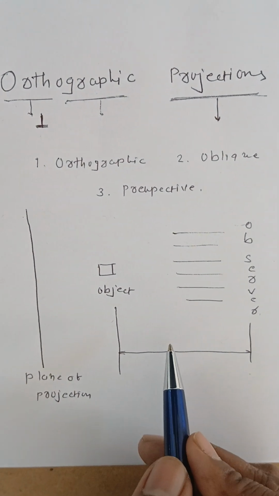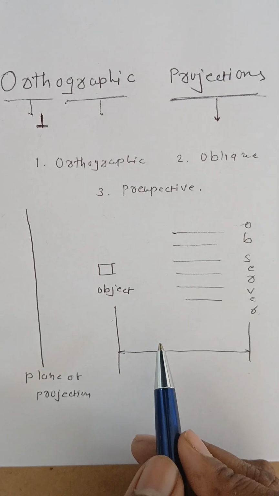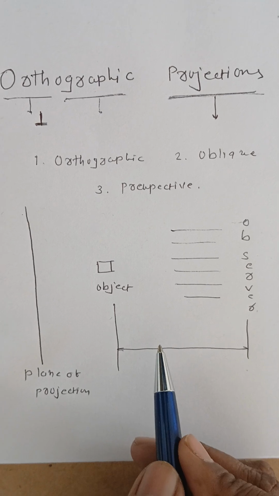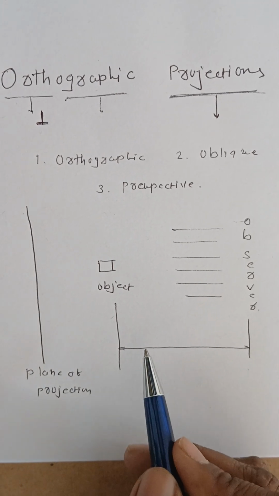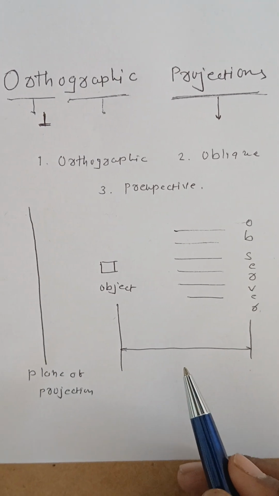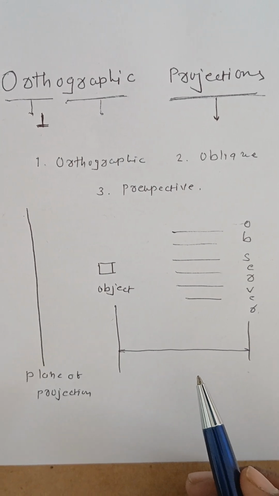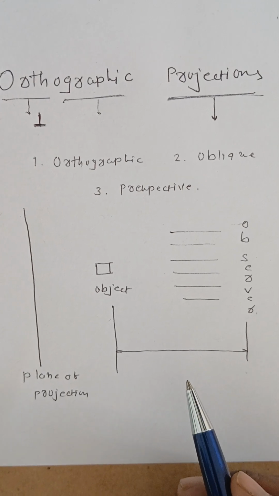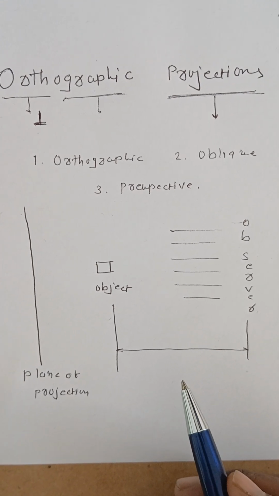Rays means what? Anything you want to see from that object, rays must be reflected towards your eyes. Then only you are able to see that particular object, right? In the dark you are not able to see anything. Why? Because no light is going to reflect from the object towards your eyes.